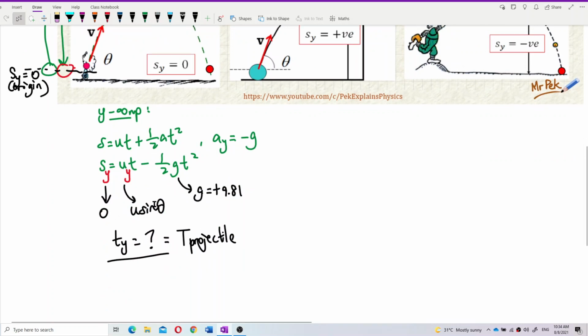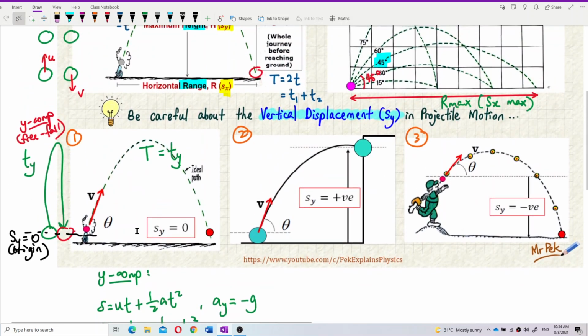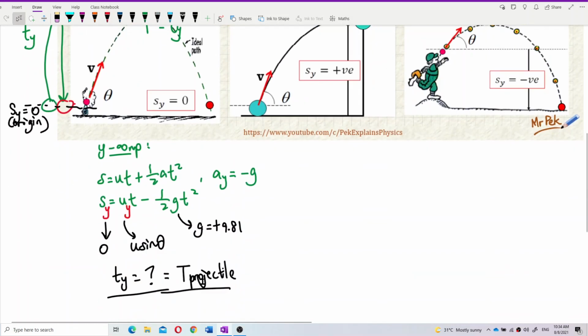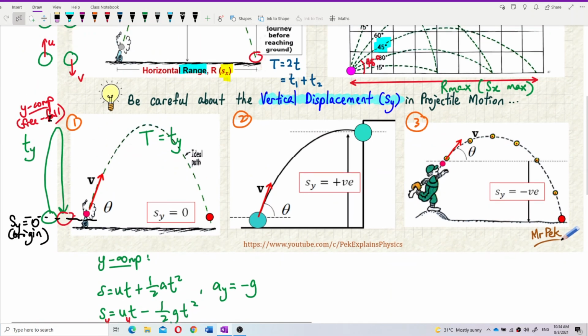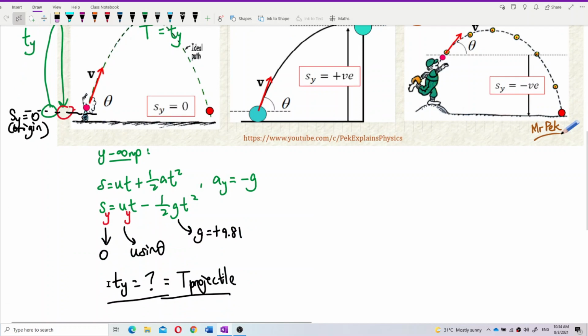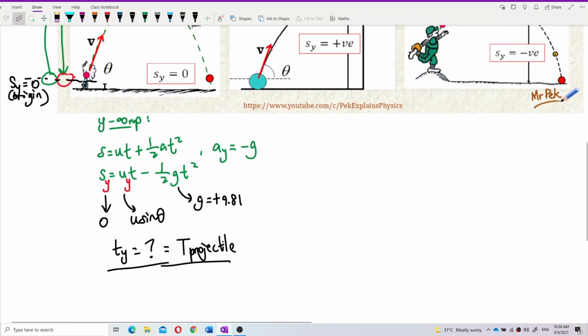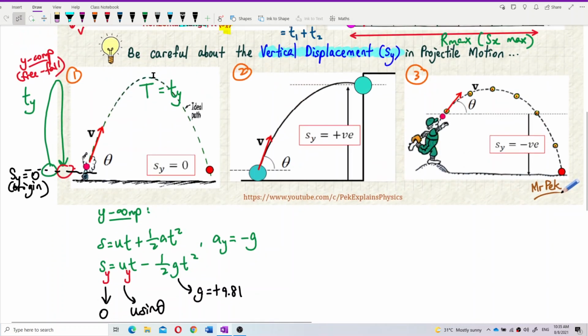They begin together and end together. So we can get the time of the whole flight, the time of projectile motion, by just referring to the y component, the free fall motion. Understand or not? Once you get the time of the free fall motion, you can get the time of the projectile. So you just substitute sy equal to 0 for this first case.